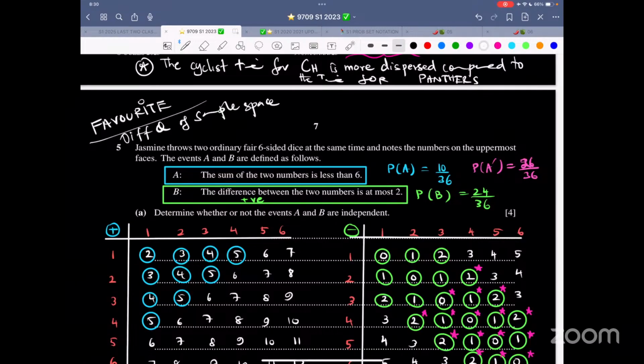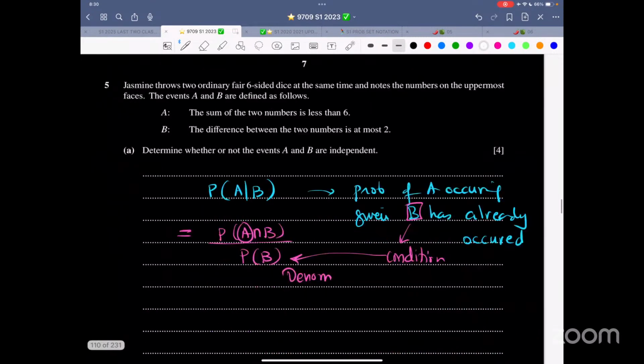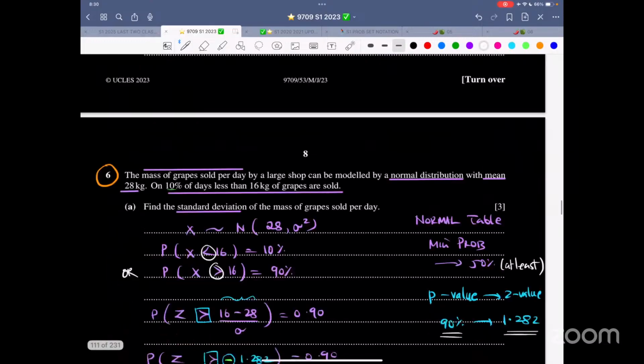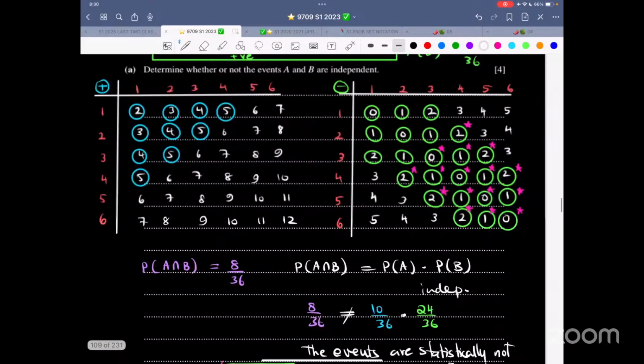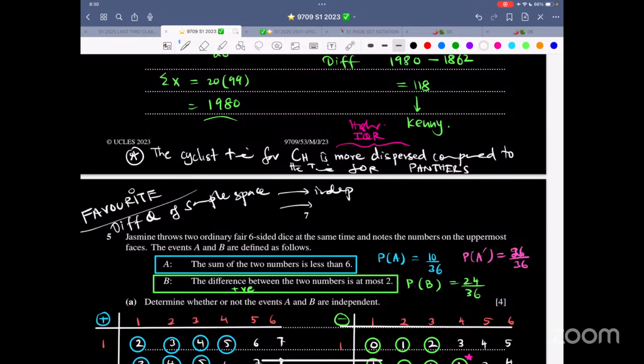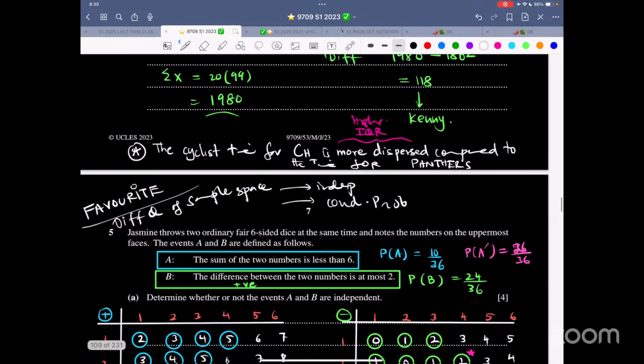It's about independent events, and it's also about conditional probability. So this is one of my favorite. Let me write the year over here: May, June 2023, variant 53, question 5.